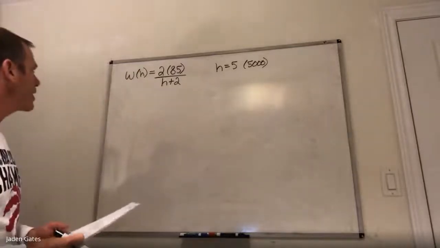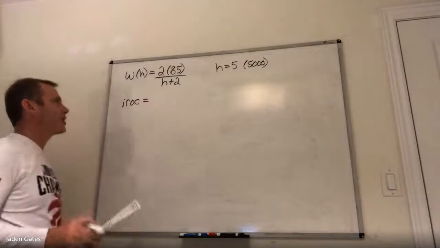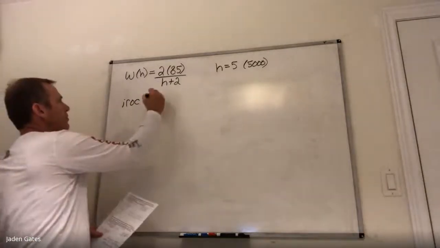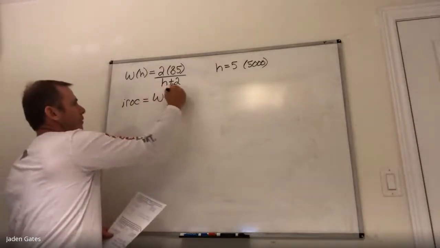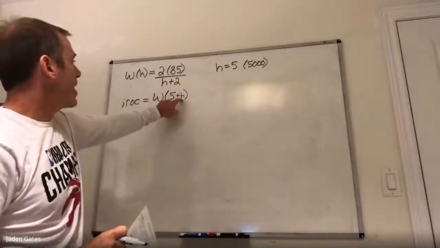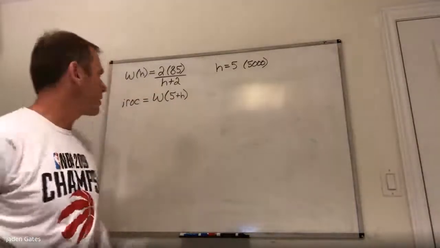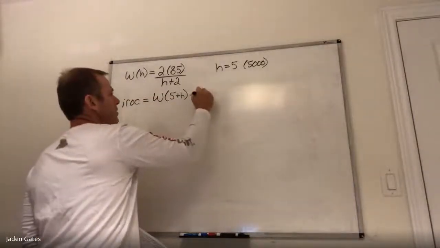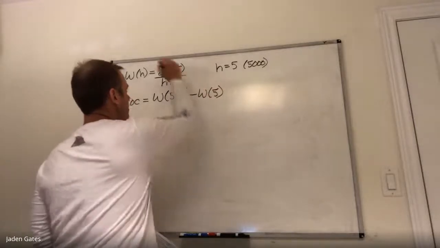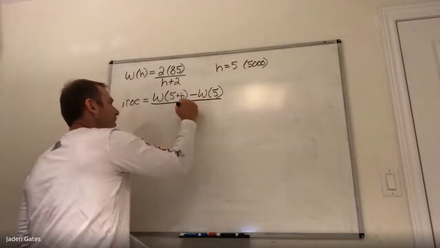All right, so because I'm estimating my instantaneous rate of change, I'm going to have W of 5 plus h. That h is height, and that's that little h, the distance between the two points. So that's a little different. Minus W of 5. So we're going to plug 5 into that function, divided by that little h value again.